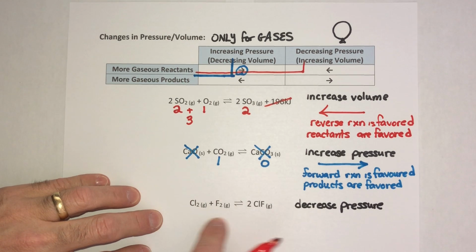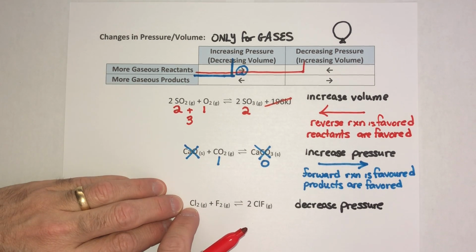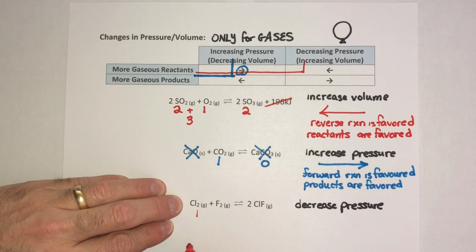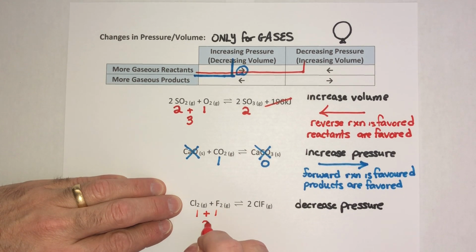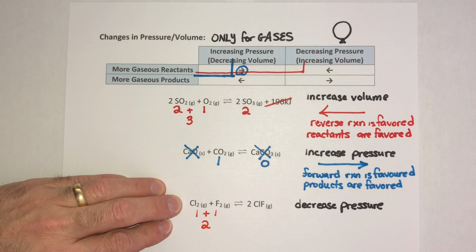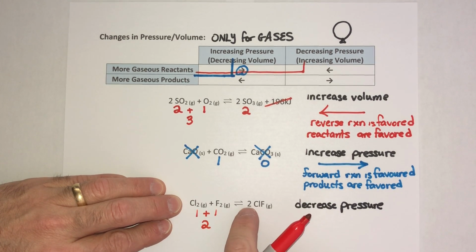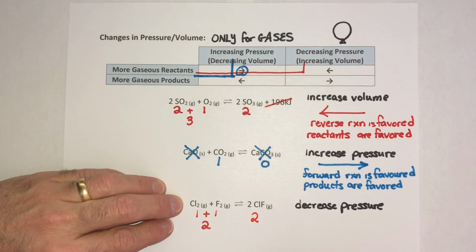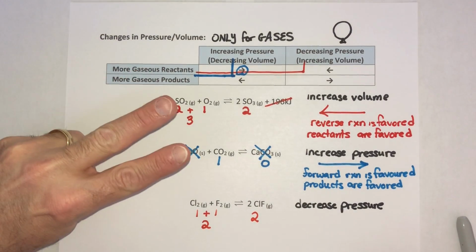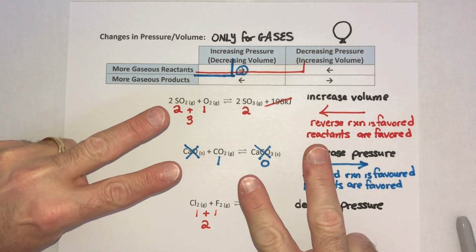So if you look here on the reactant side, I've got 1 chlorine gas, 1. I've got 1 fluorine gas, that's 1, so I've got a total of 2. Over here on the product side, I've got 2 ClFs. ClF is a gas, and I've got 2 of them, so I have 2. So I've got 2 reactants that are gases and 2 products that are gases.